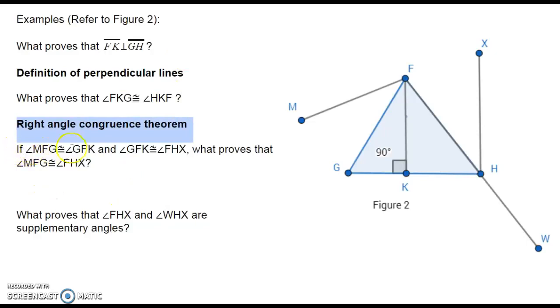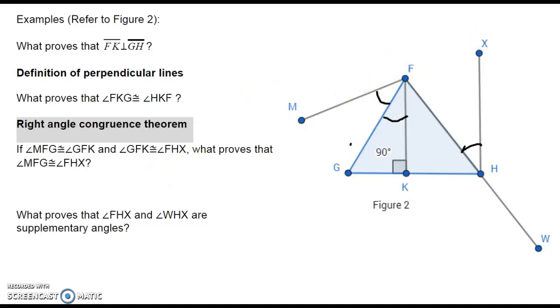Okay, if MFG, this guy right there, is congruent to GFK, and we know that GFK, this guy right here, is congruent to FHX, what proves that FHX is congruent to MFG?